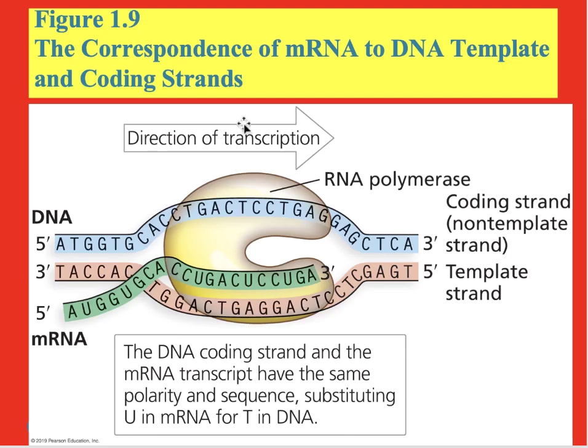Here we have a summary of transcription taking place. This brown object is an enzyme, and this time it's called RNA polymerase, not DNA polymerase, because the question is, what is it making? It's making this green strand of nucleotides, and that's RNA. So this is RNA polymerase. You can see the two strands of DNA being separated temporarily, and this enzyme will move in this direction because it can't move in any other direction.